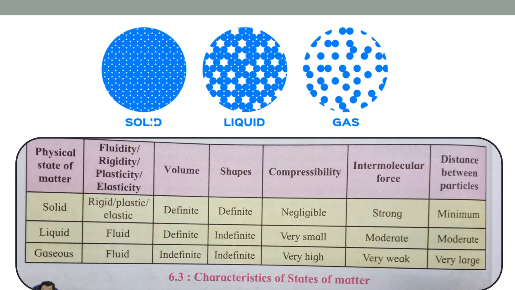Rigid means it cannot change its shape, and the volume of solid is definite, shape also definite, compressibility is negligible. That means in some cases solids can compress, but in some cases they cannot.